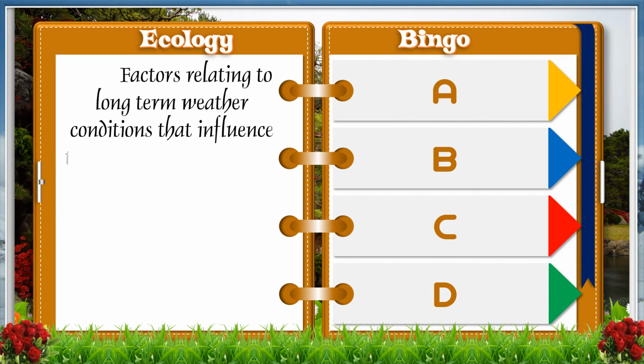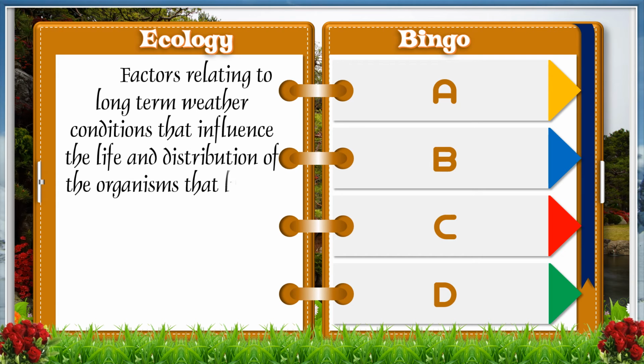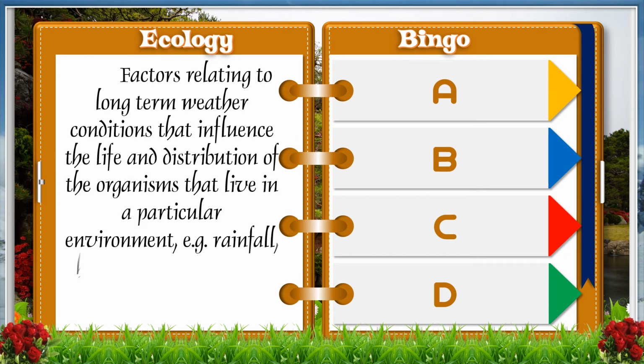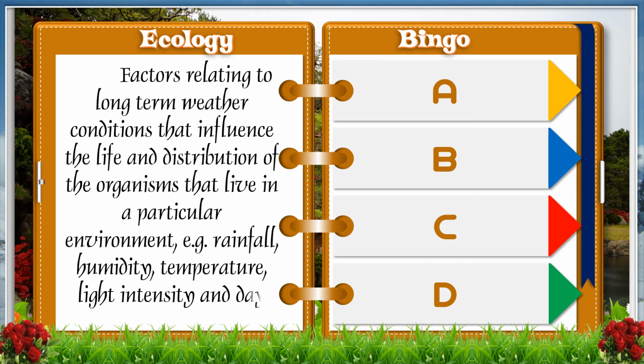Factors relating to long-term weather conditions that influence the life and distribution of the organism that live in a particular environment. For example, rainfall, humidity, temperature, light intensity, and day length.